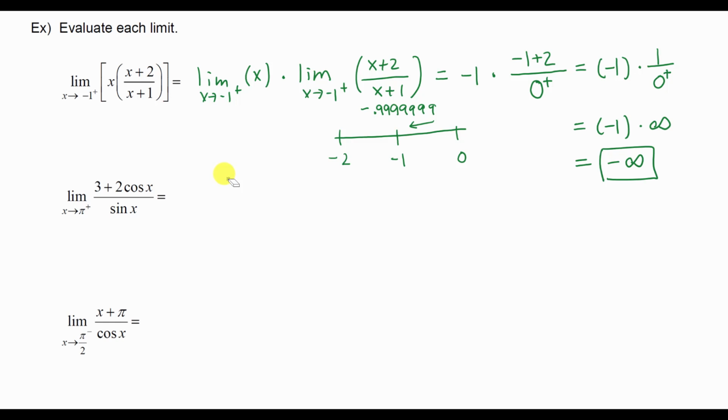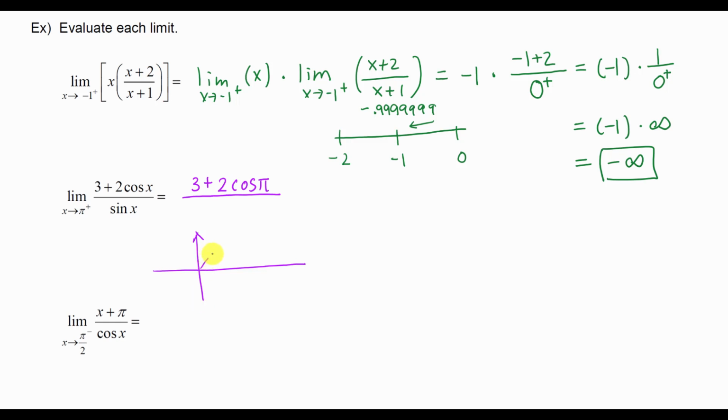Let's do the second problem. Limit as x approaches pi from the right of (3 plus 2 cosine x) over sine x will go to 3 plus 2 cosine pi over sine of pi, which is 0. So I need to verify what the value would be if x approaches pi from the right.